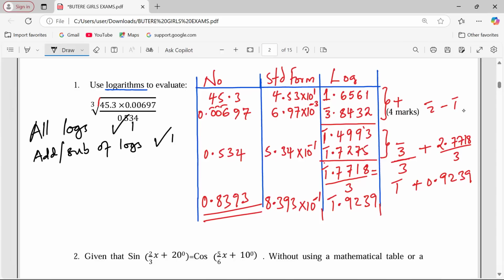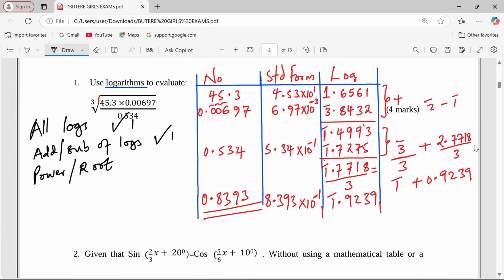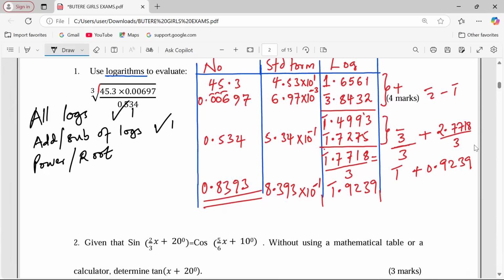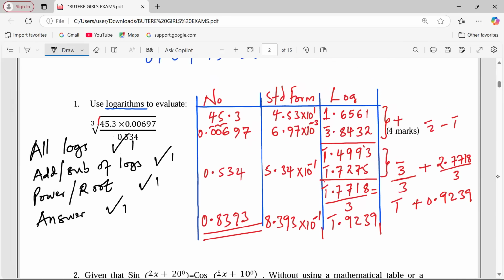You also get another mark. Then we have dealing with the power now. It can be either a power or a root. You can be given everything power 3, meaning that you shall multiply the logarithm by 3. So it can be a power or a root. Working it out well, for a power you multiply, for a root you divide, you get another mark. Then we talk about the answer now, which will give you the final mark. So that is how we're supposed to work out that question.